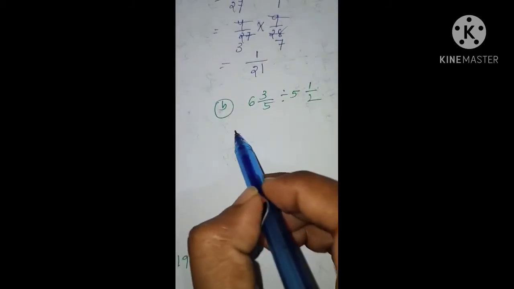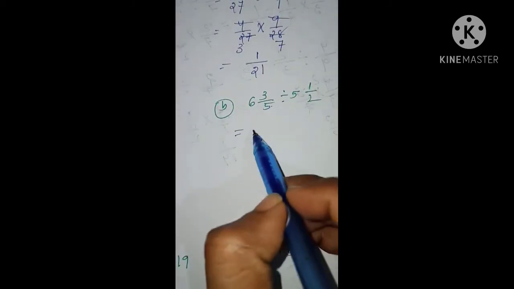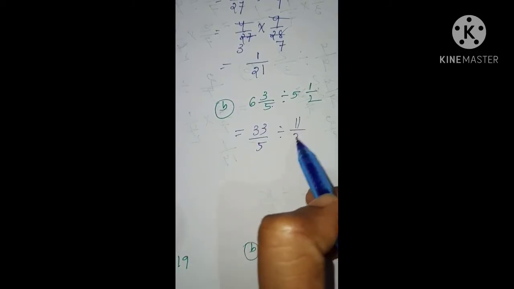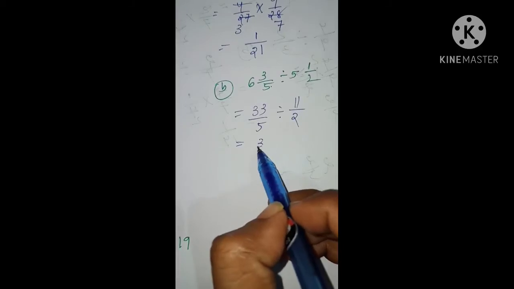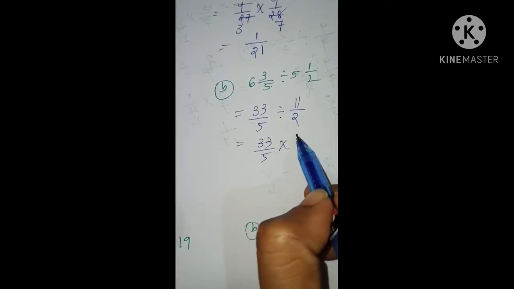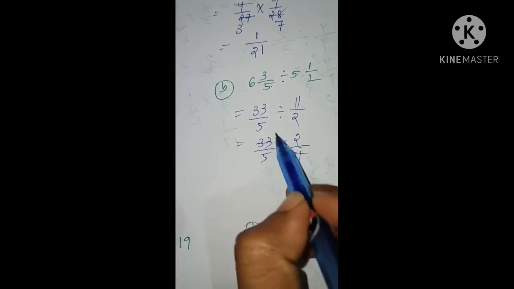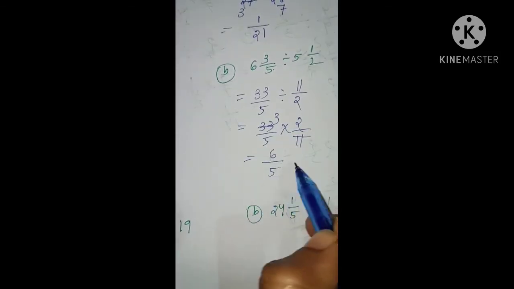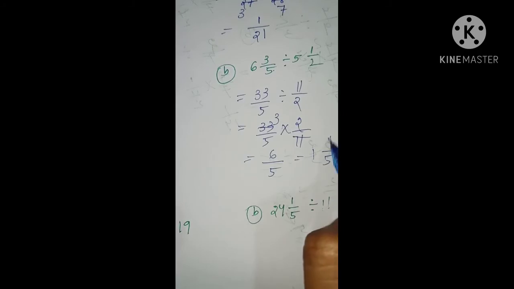B number, similarly: 6 times 5 is 30, plus 3 equals 33/5, divided by 5 whole 1/2, which is 5 times 2 is 10, plus 1, 11/2. Then 33/5 times 2/11. 11 times 3 is 33. Then 6/5, which is 1 whole 1/5. Okay.